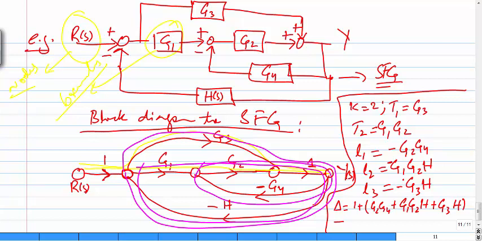So is there any non-touching loop? I don't think so. 0, this is delta. Now delta 1 is also 1, there is no non-touching loop because all the nodes are touching, so easily you can calculate the transfer function. So this is the signal flow graph that helps us to reduce the block diagram.